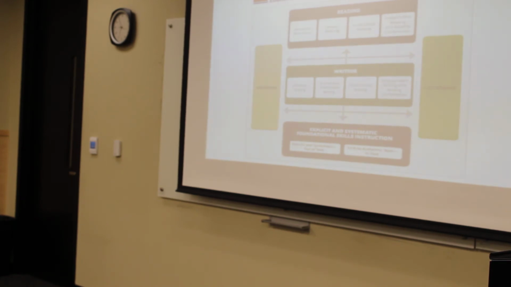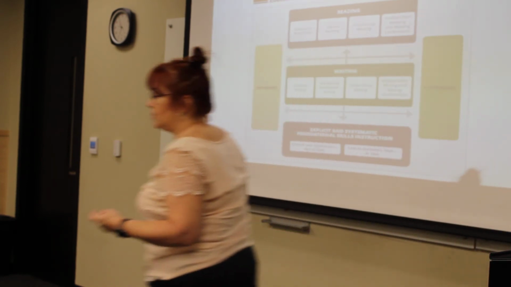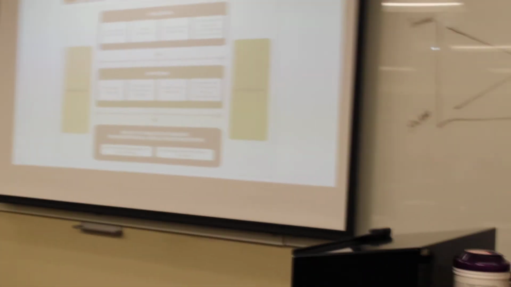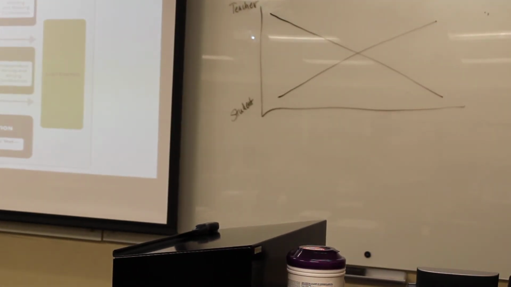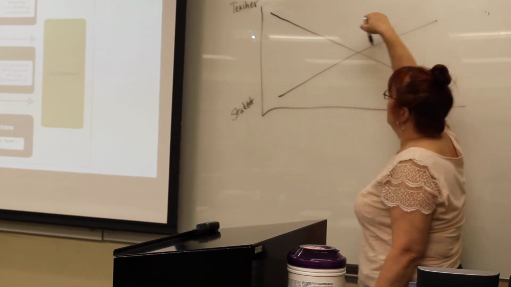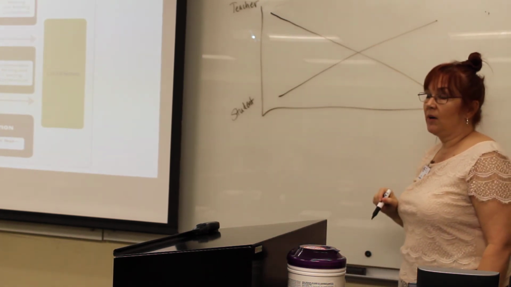The teacher is taking a lot of responsibility for that skill or that piece of knowledge. As the student starts to learn and gets more confident over time, they take on more responsibility and the teacher takes more of a back seat, being a facilitator or the coach, if you will.